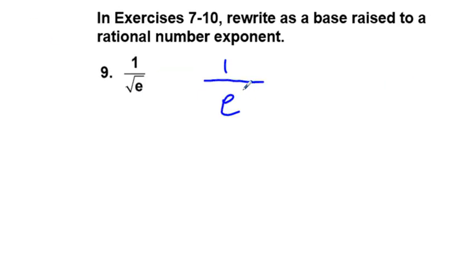So that's going to be 1 over e to the 1/2. And then we go to the rule of negative exponents. If we have this positive exponent down here in the denominator, if we bring that up to the numerator, that's going to be e to the negative 1/2. And so that's going to be our answer for problem 9.